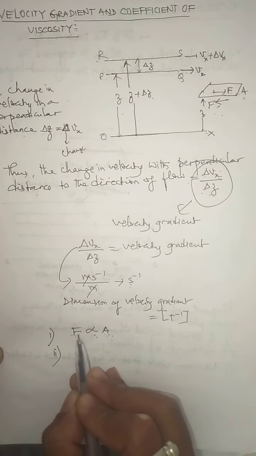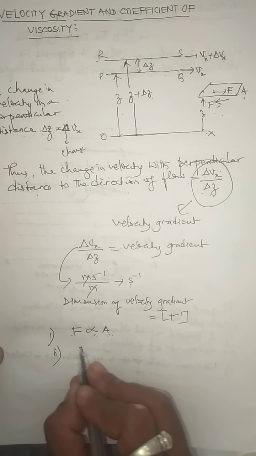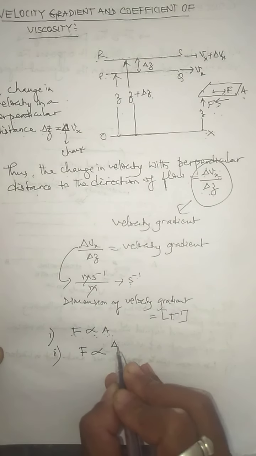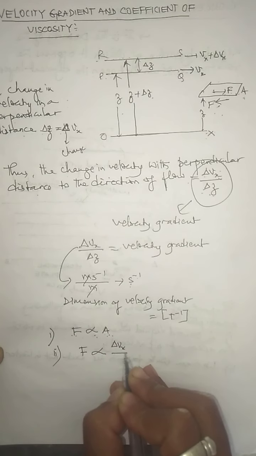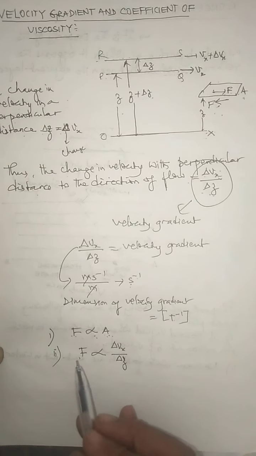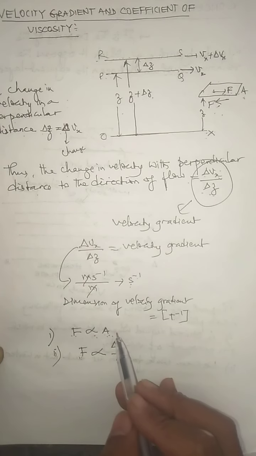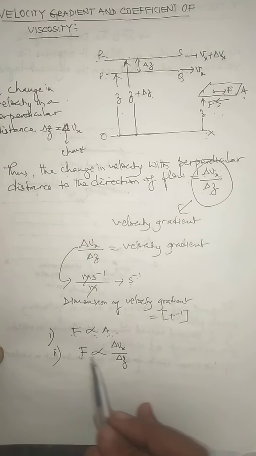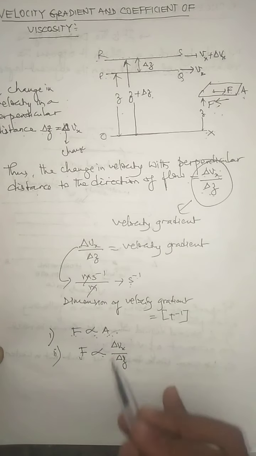Similarly, this force is also directly proportional to the gradient, which you have already learned is called the velocity gradient, given by delta vx by delta z. The more the velocity gradient between two adjacent layers, the more the viscous force exerted between them. That means this force is directly proportional to the area of contact and also directly proportional to the velocity gradient between the two layers.